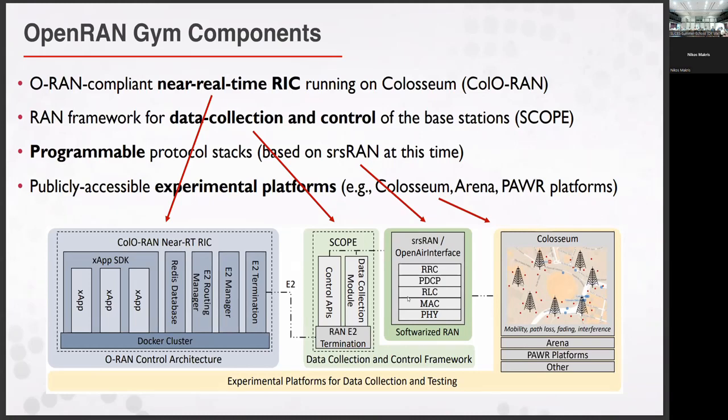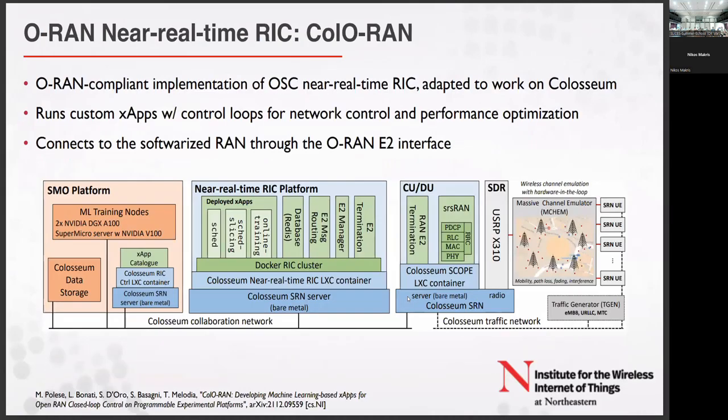Now, the beauty here is if you are not a traditional comms person, you can write the xApp without actually having a clear understanding of what is going on in the RAN stack, because you're just going to leverage what the E2 interface does, what the E2 service model provides you, and what the E2 AP allows you to do. And then all of this you're able to deploy in almost an instantaneous fashion on Colosseum, and then move it over into the PAWR testbeds.